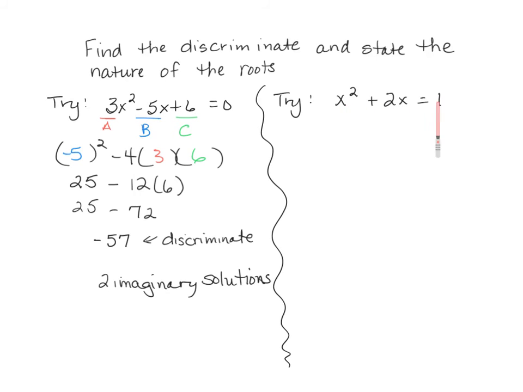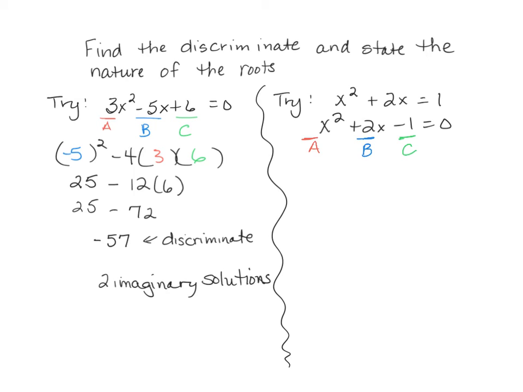Notice in this one, the 1 is over here to the right. I'm going to want to move that 1 in before I get started. So if I do that, I get x squared plus 2x minus 1 equals 0. Now I'm set up to say a, b, c.